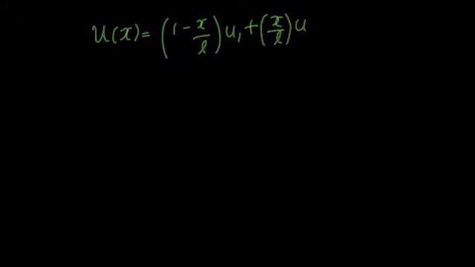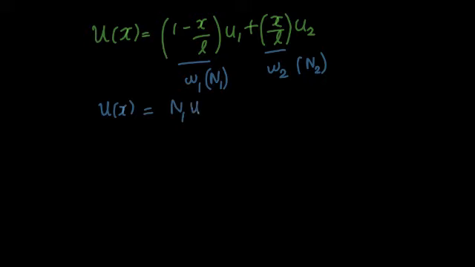Now, this is the first weighing function W1, and this is the second weighing function W2. Sometimes weighing functions are also called shape functions, denoted by N1 and N2. So u of x is now of the form N1 u1 plus N2 u2.